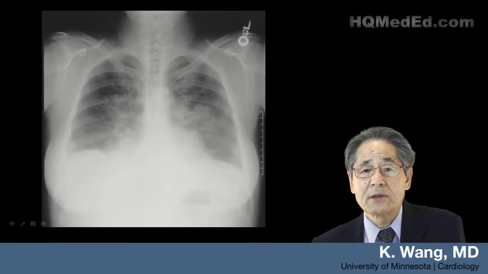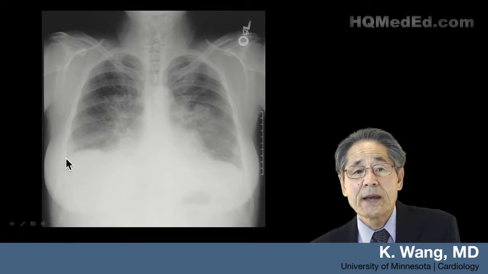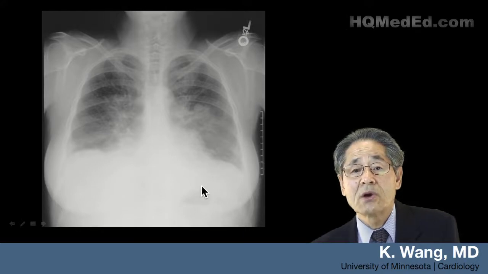How about this patient? Is this elevated right and left hemidiaphragm? Well, the gas bubble in the stomach is way down here. The distance from here to here is unaccounted for. Actually, diaphragm is here. This is all fluid.